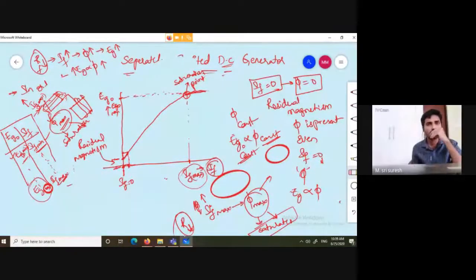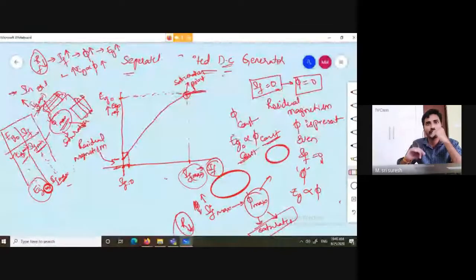So the open circuit characteristics are similar for every generator. That means for self-excited generators, there are three classifications in self-excited DC generators. The open circuit characteristics for the DC shunt generator, DC series generator, and DC compound generator are all similar. All are the same.